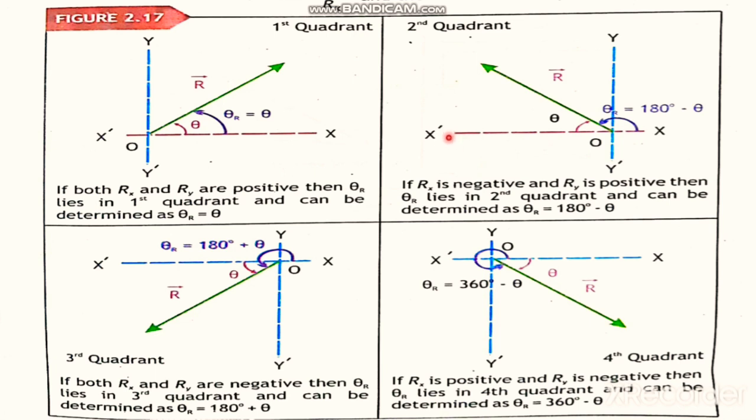In the third quadrant, both Rx and Ry are negative, and in this case the angle will be equal to 180 plus theta. And in the case of the fourth quadrant, when Rx is positive and Ry is negative, the angle will be equal to 360 minus theta.